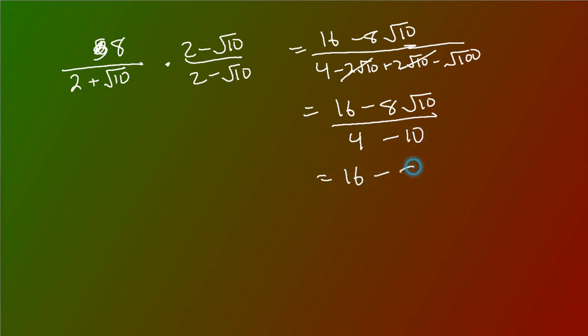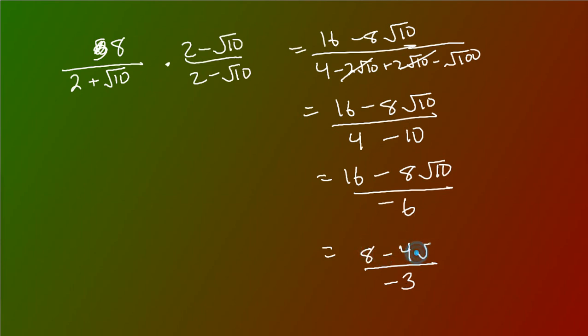So I have 16 minus 8 root 10 all over negative 6. Those are all divisible by 2. Now I don't divide that 10. And now we're done.